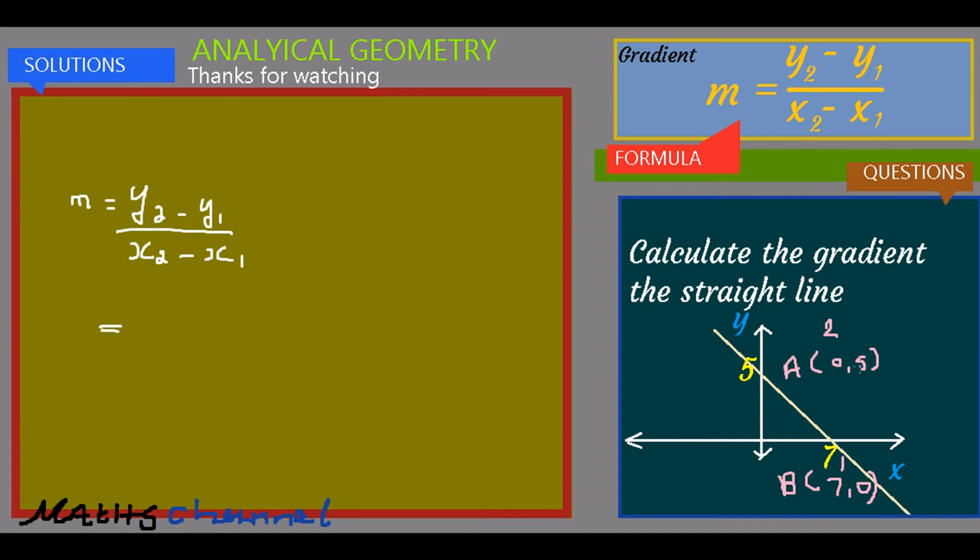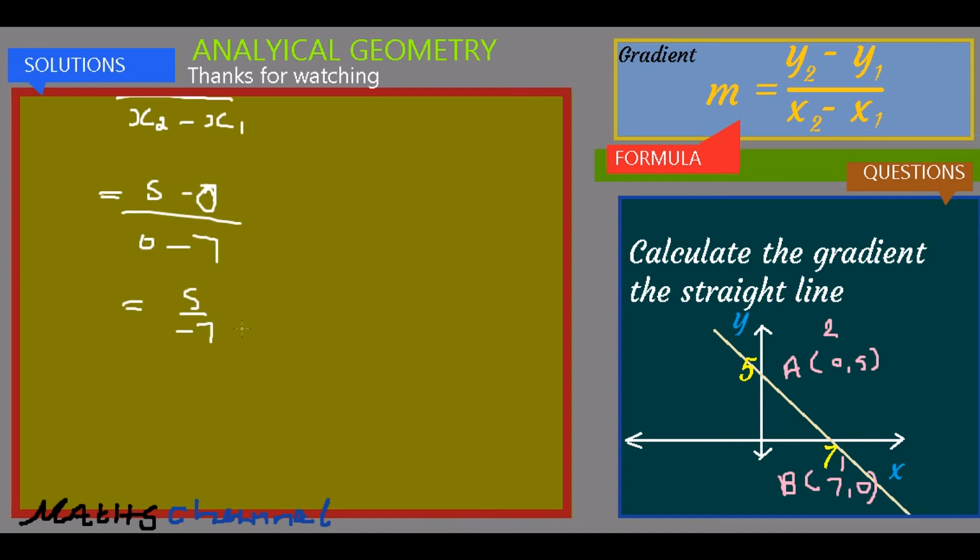So y2 here is 5, y1 is 0, x2 is 0, x1 is 7. So you have something like this. This is the answer for the gradient.